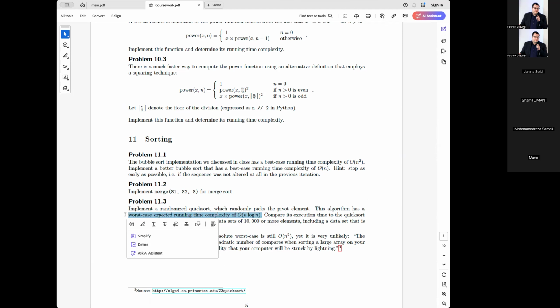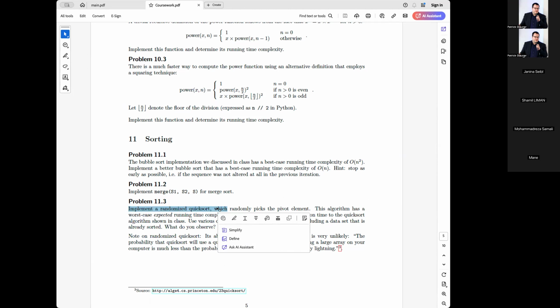So worst case is still O of n squared, but the worst case expected one is O of n log n. If you do the randomized quicksort it may still be O of n squared because you may be unlucky picking a random element. But that is extremely unlikely, as it's argued here.